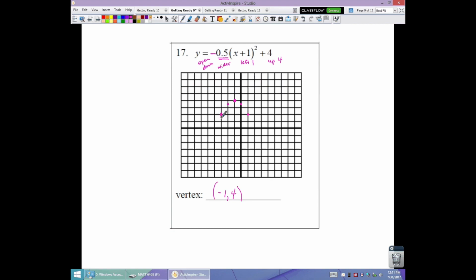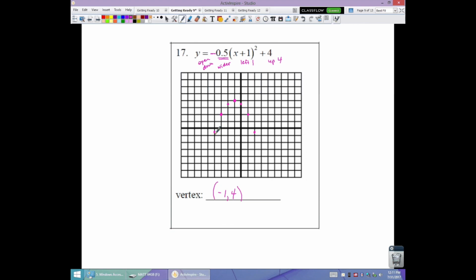I got plenty of room on this one since it's wider. My normal shape of a parent graph is when we go to the side 3 spaces, we should go up 9. Well, this multiplied by -1/2 means go to the side 3 and down 4.5. Side 3, down 4.5.